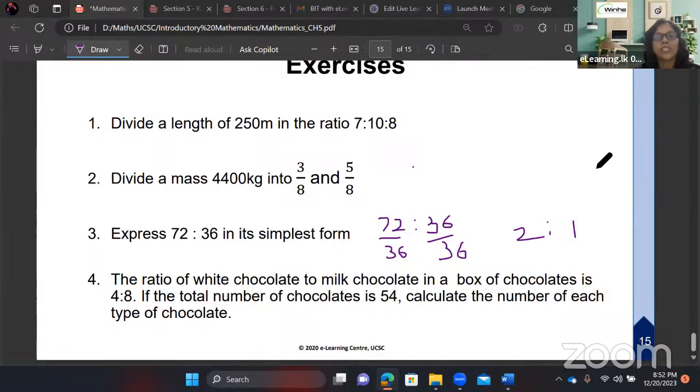The ratio of white chocolate to milk chocolate in a box is 4 to 8. If the total number of chocolates is 54, calculate the number of each type. All right, we have white and milk chocolates in a box in the 4 to 8 ratio. Then it says the total number of chocolates is 54.